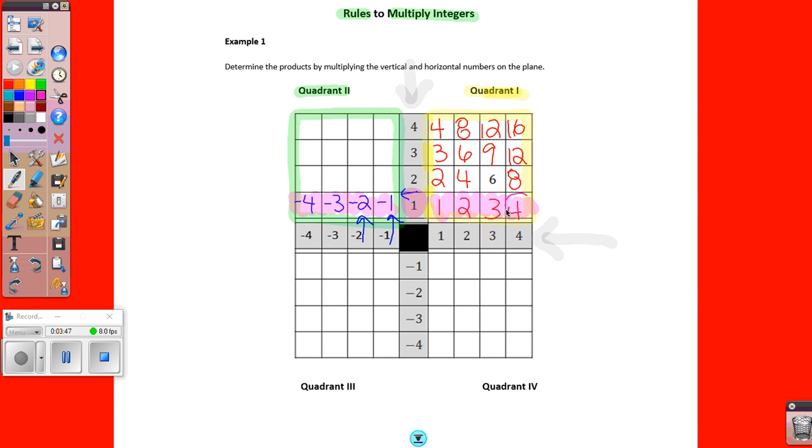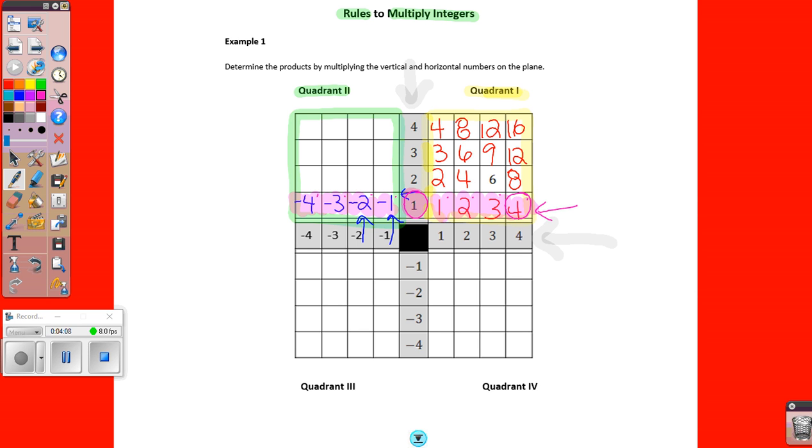So starting in quadrant 1, if we start here and go to the left, we're just counting down. 4, 3, 2, 1. Technically, this would be 0. -1, -2, -3, -4.